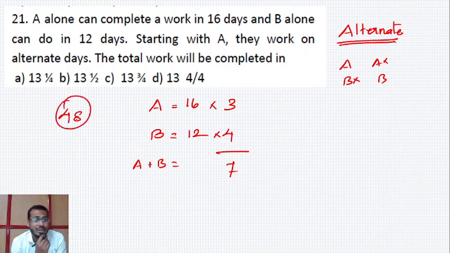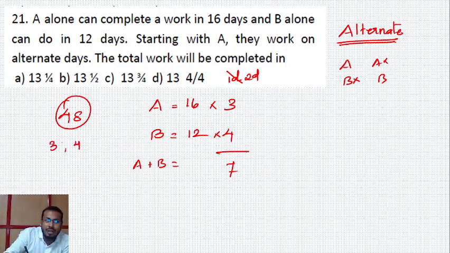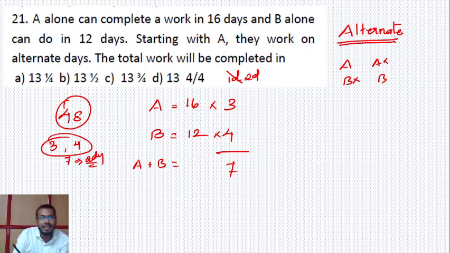They complete 7 chocolates. Here you should understand one thing. This 7 chocolates was not completed in 1 day. This 7 chocolates was completed in 2 days. First day A completes 3 chocolates and next day B completes 4 chocolates. So totally the 7 chocolates were completed in 2 days, not in 1 day.